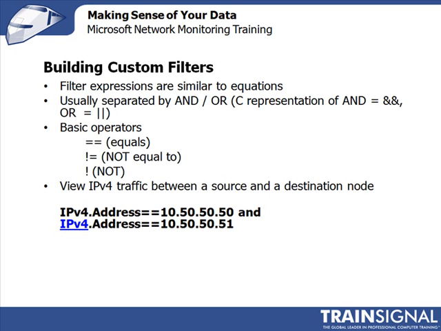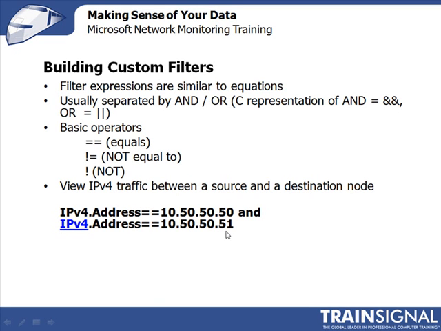The example I have for you here is viewing IPv4 traffic between a source and destination computer. So just between these two IP addresses, you would type in IPv4 dot address equal, and then put in one of the IP addresses and another IPv4 address equals to, and the second IP address.